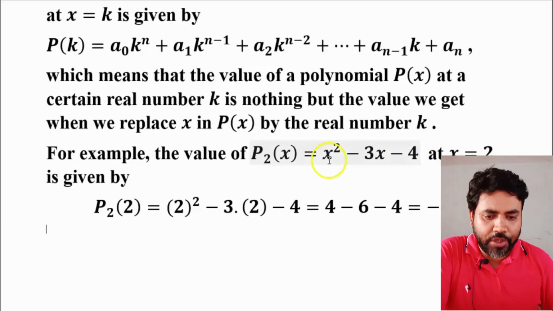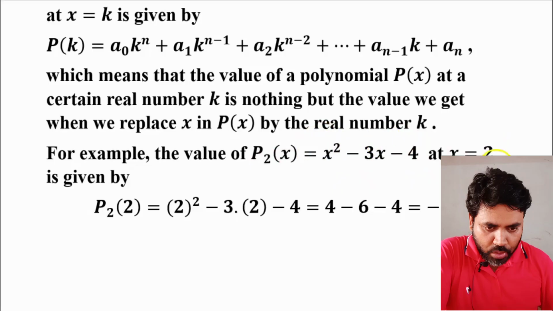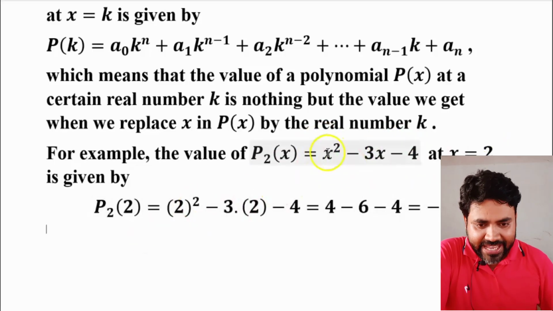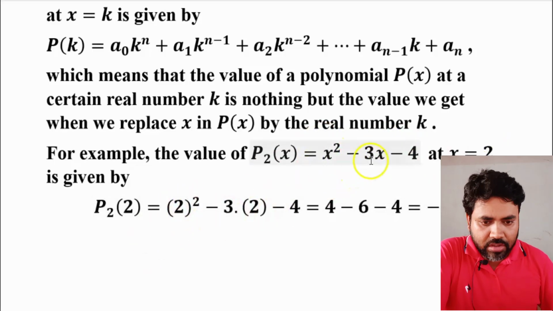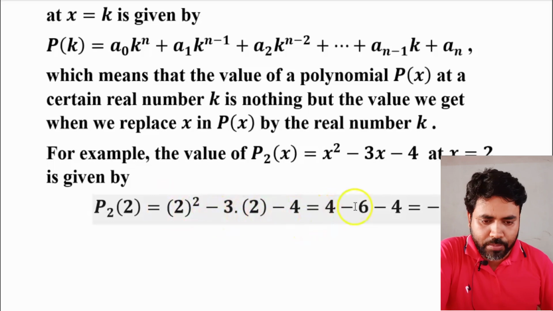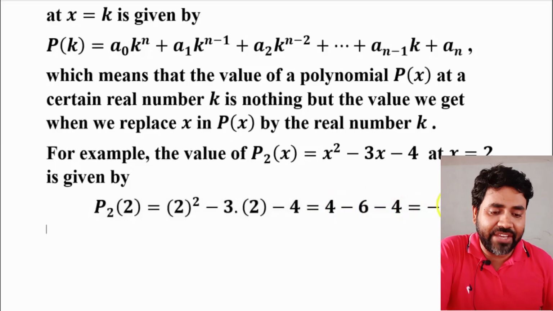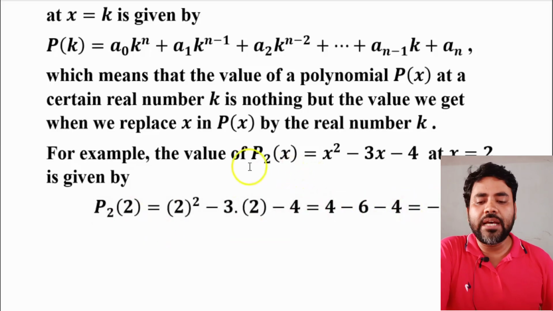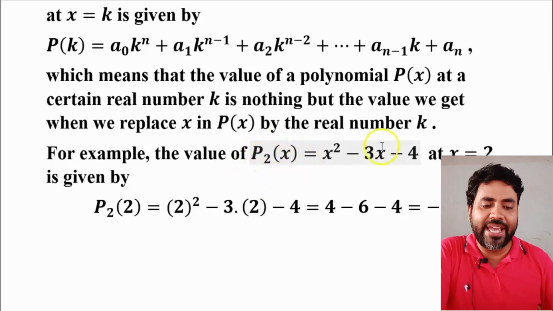If we put x equal to 2 here, we will get 2 square, 3 into 2, minus 4. So 2 square is 4, minus 3 into 2 means minus 6. So it will be 4 minus 6 minus 4, which gives minus 6. So the value of the polynomial p2(x) at the point x equal to 2 is minus 6.